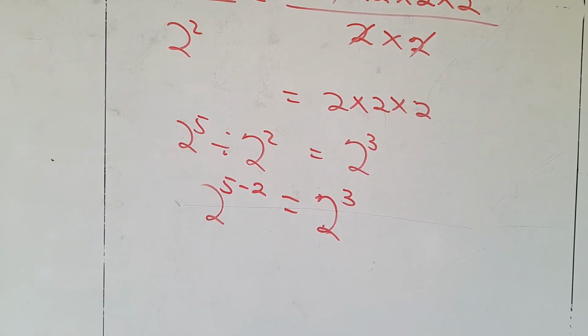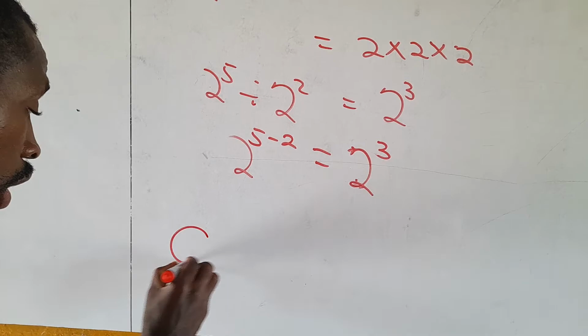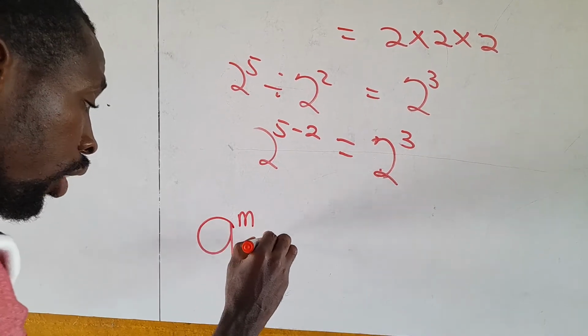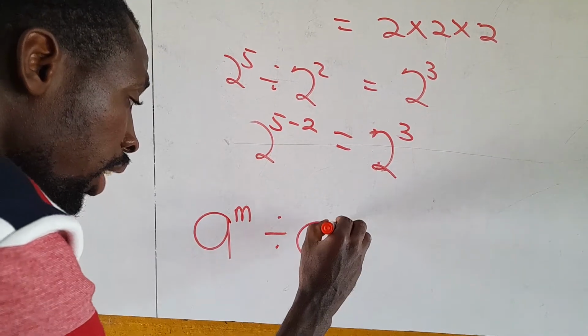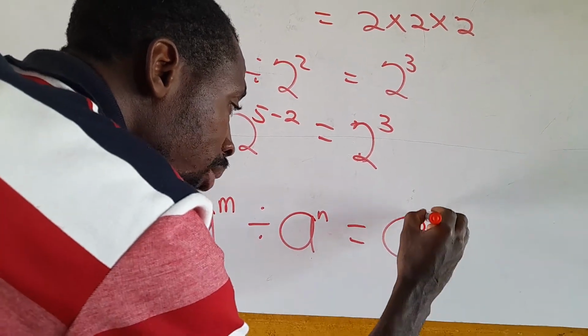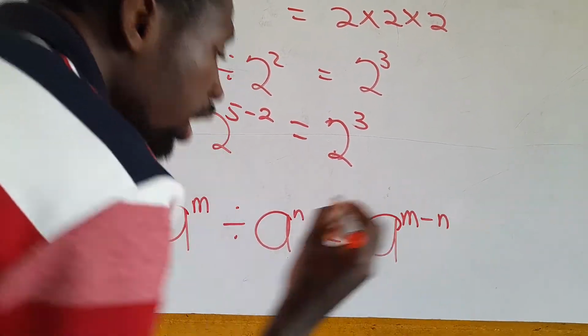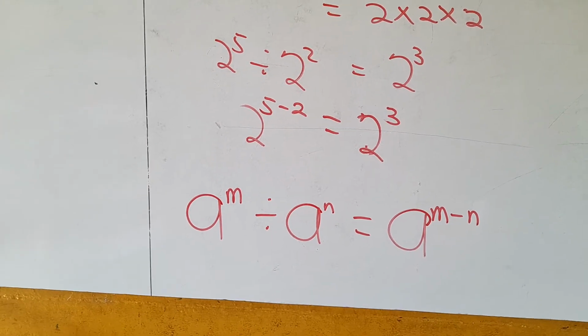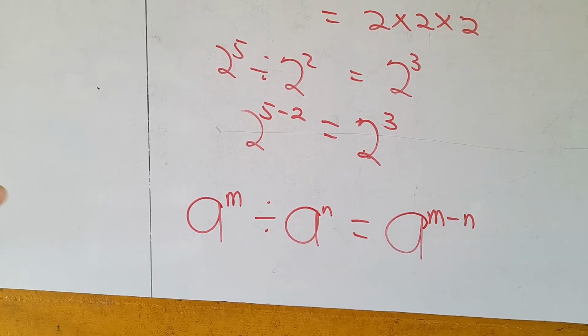So we can conclude that a exponent m divided by a exponent n can be written as a exponent m minus n. Please take notice of it. We'll be using it very often, so take notice of it.